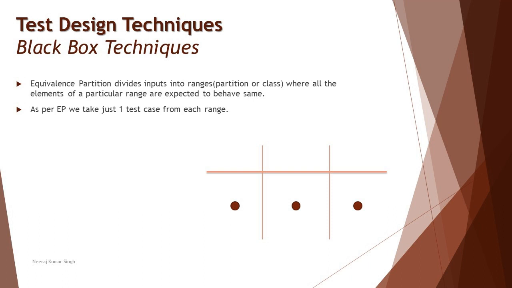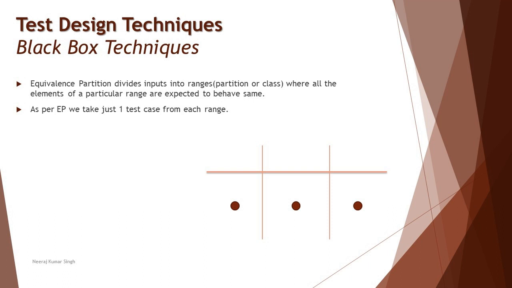Taking a very simple example, within an organization, a leave can be approved by manager and above. That means I can create one category or range, partition, class, whatever you call it, they're all synonyms. Within one range, I'll put managers and above in the organization, and another range I'll create is below manager and everyone else.